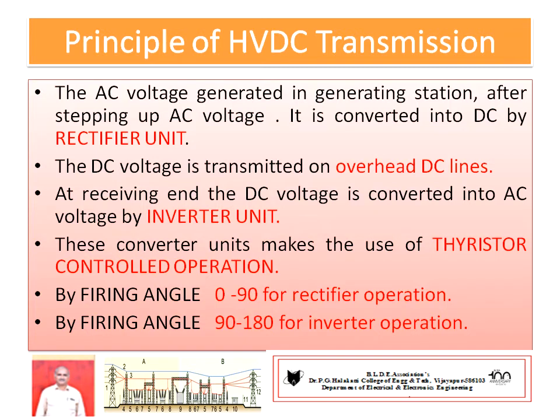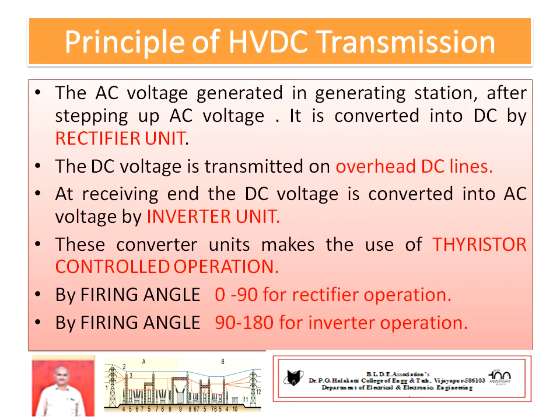As per the earlier explanation, the AC voltage is generated at the generating station and stepped up by a suitable transformer. Then it is converted into DC voltage by the rectifier unit. This converted DC voltage is transmitted over the overhead DC transmission lines.